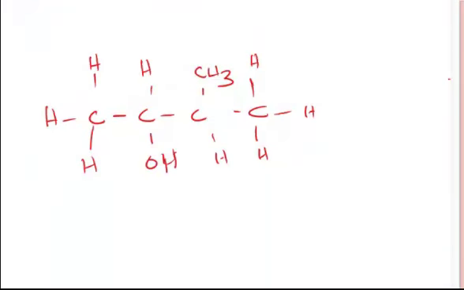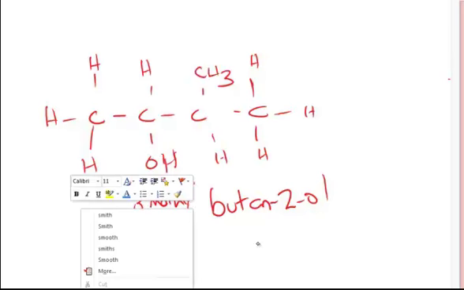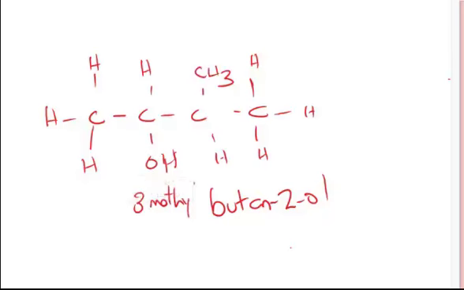Okay, and this one, which has got butan-2-ol. And we've got the methyl group off number 3 there. And so that's the only 5 that you can really come up with without repeating them. And that's the first part of the question.